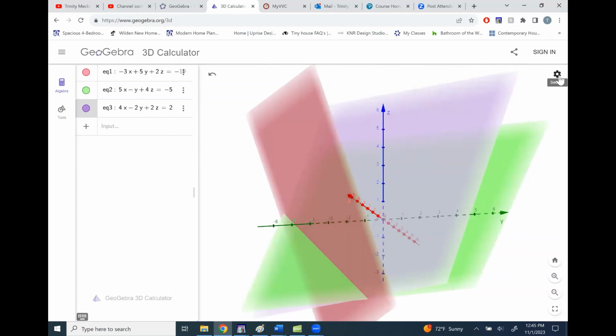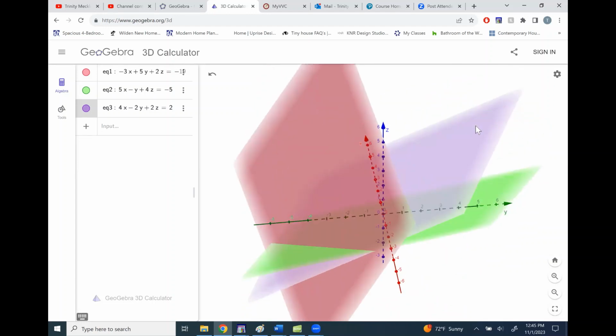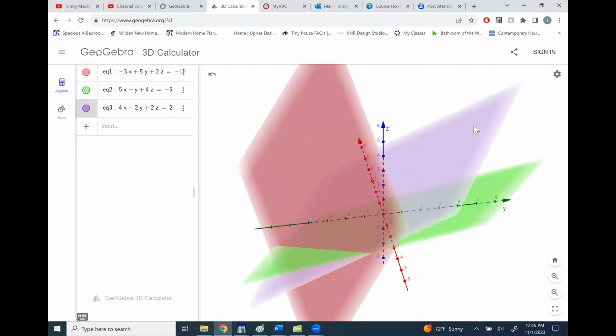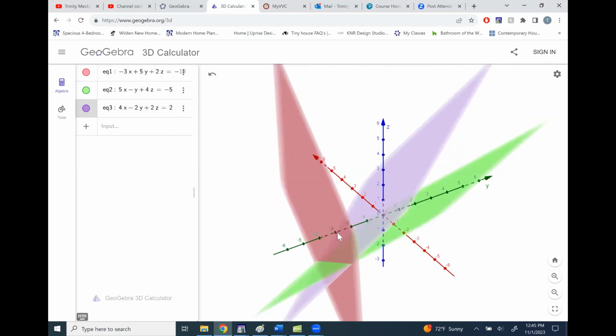All right, so the infinitely many. Hopefully you can see when I turned it sideways like that that all three planes intersect right here on this line. The purple, the green, and the red all touch there.